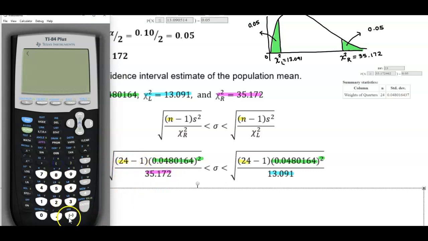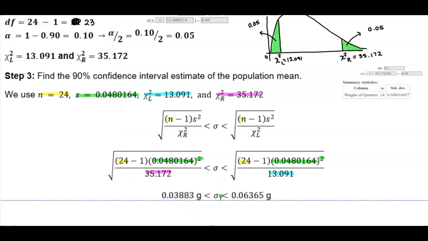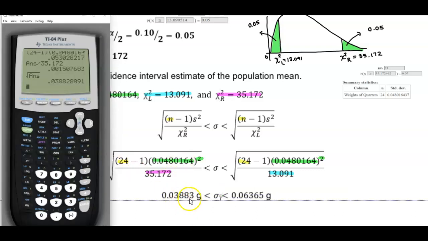Parentheses 24 minus 1, multiplied by 0.0480164, and then square that value. Then divide that by 35.172, and take the square root of that answer. That gives us 0.03883, rounded to 5 decimal places.